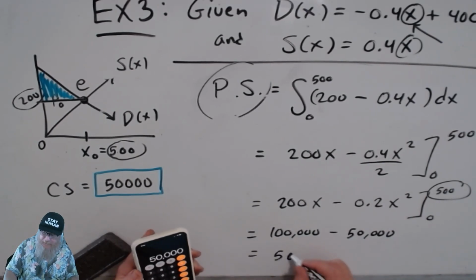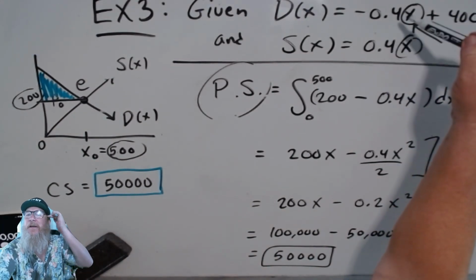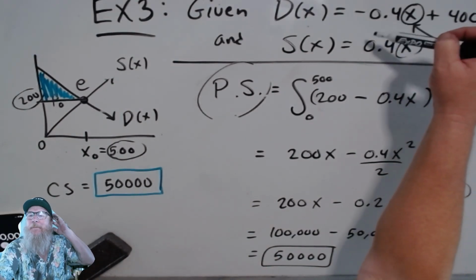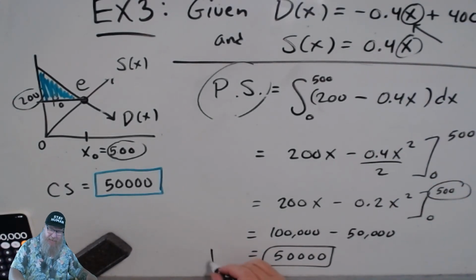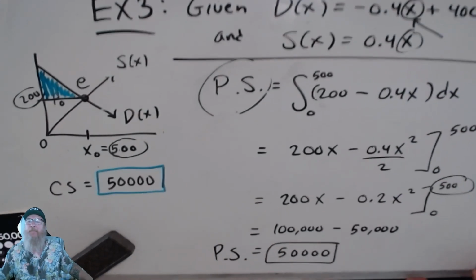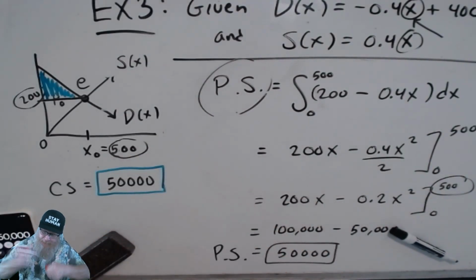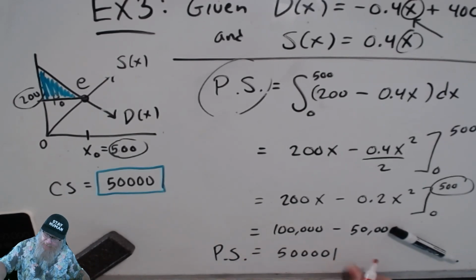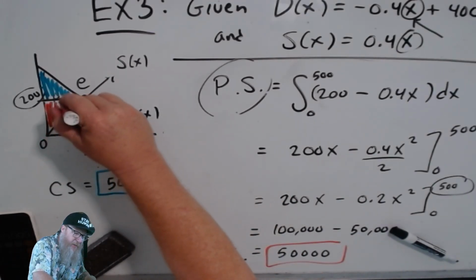That's a coincidence, because the slopes, see how the slopes were opposite of each other? So you get the same for the PS, which would represent the area underneath the equilibrium.